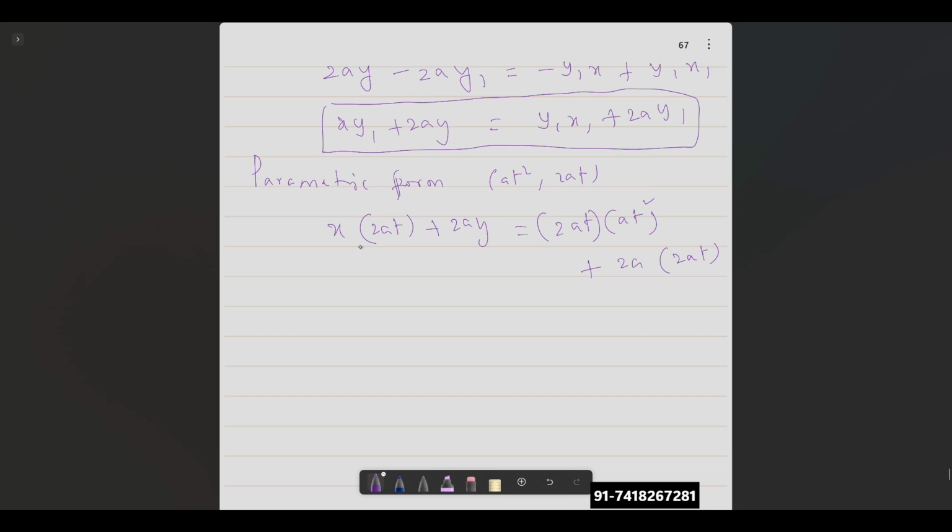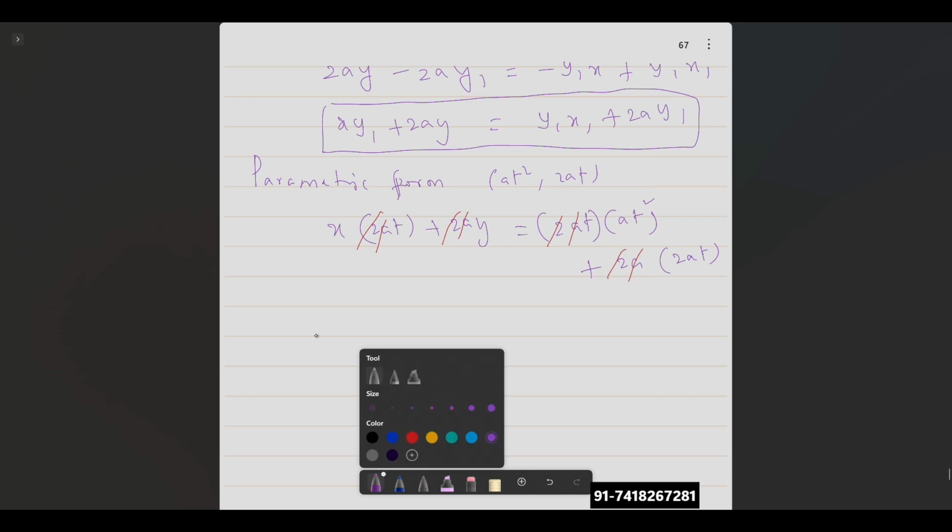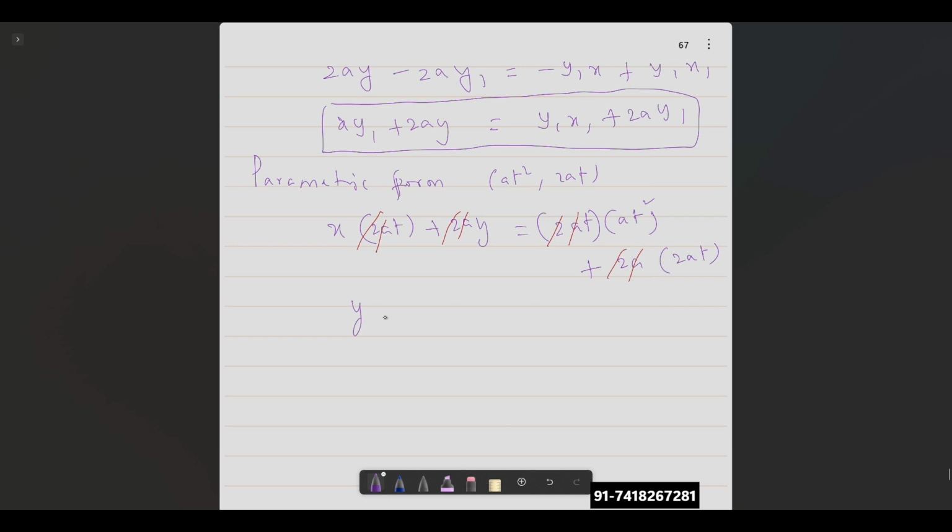So what you can do? Take everything common, and now your equation will be, this y you keep as such, and this becomes xt equal to 2at plus at cube. So this is your normal equation in parametric form.